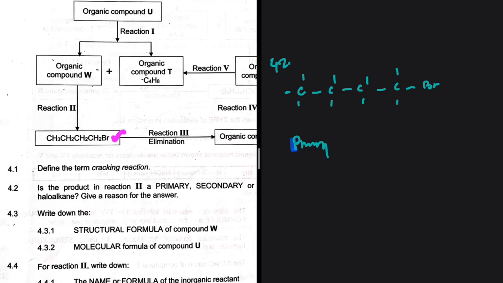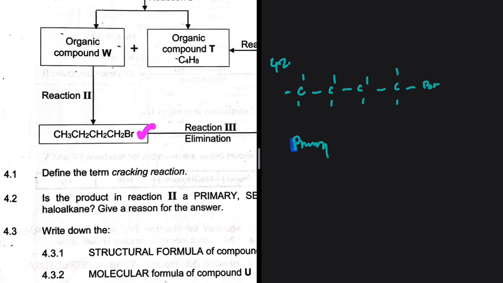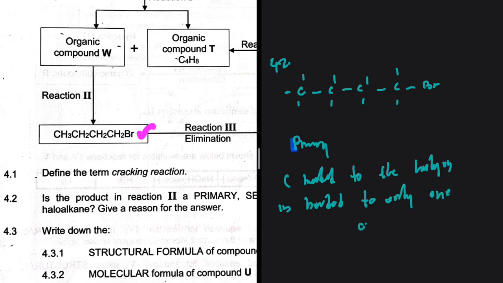And then we're supposed to give a reason for the answer. It is a primary haloalkane because the carbon bonded to the halogen is bonded to only one other carbon. That makes it primary.